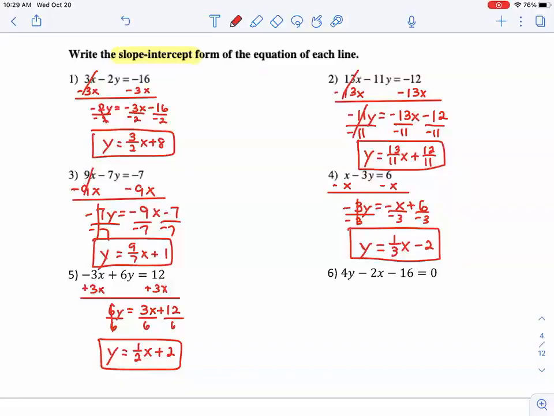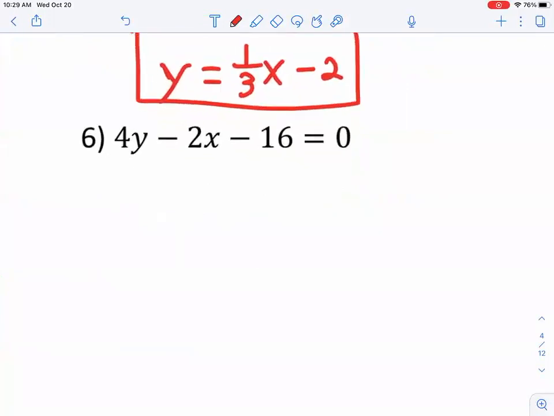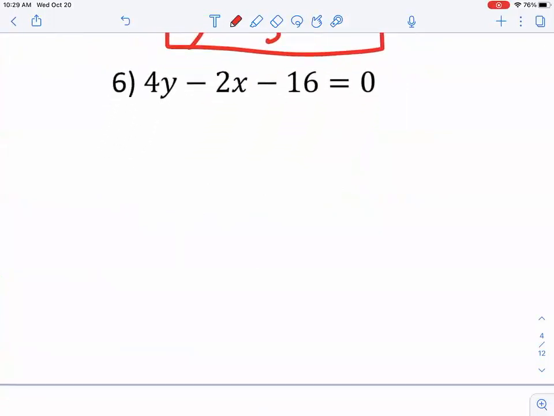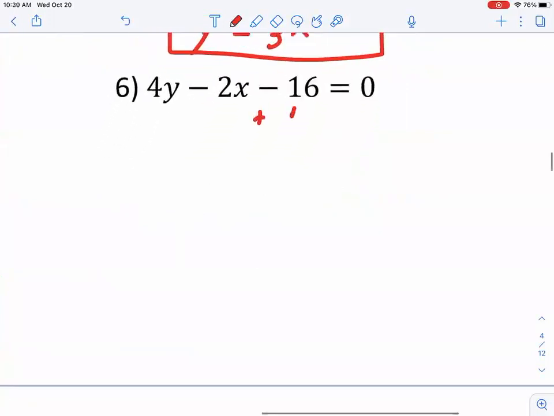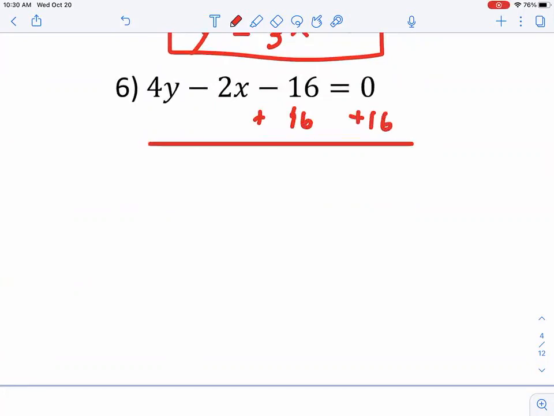Okay, you guys are doing well. So again, this is a little different because we have to move the 16 over first. Doesn't have to be first, but just to make it look like the other ones. So we're adding 16 to both sides. So I have 4y minus 2x is equal to 16. Now I'm going to add the 2x over, so I'll do plus 2x on both sides.